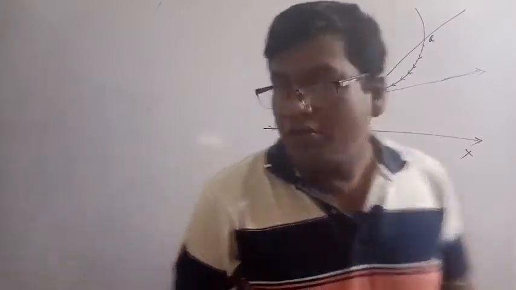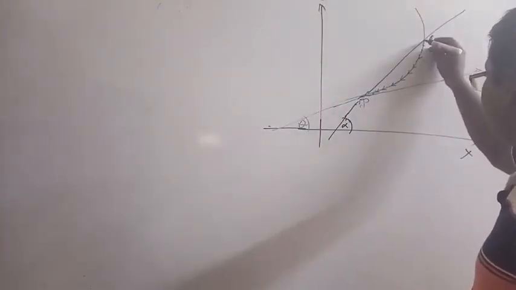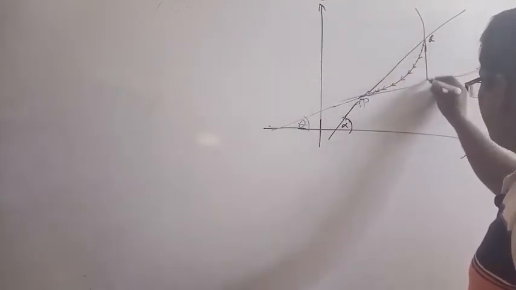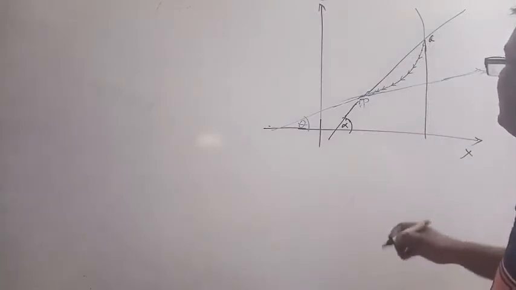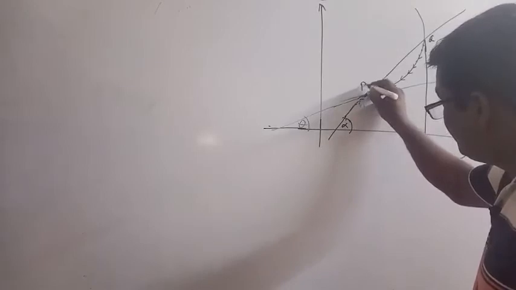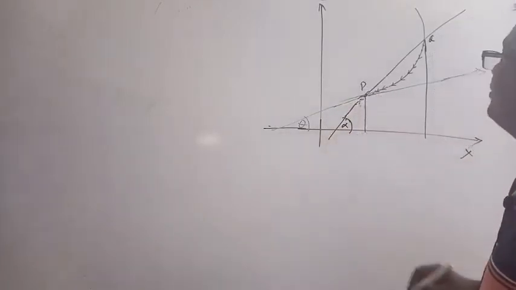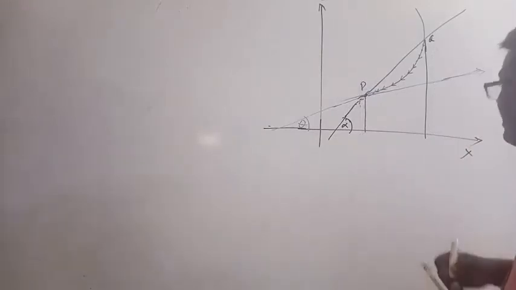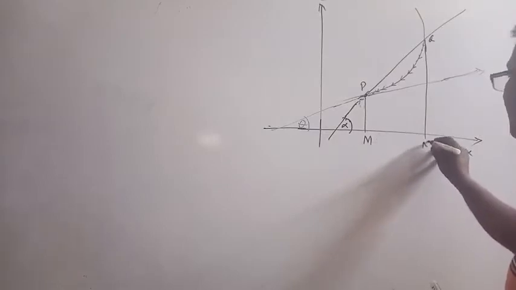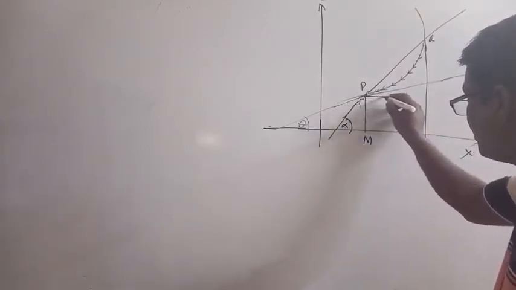Now draw a perpendicular from the point Q to the x-axis, and another perpendicular from the point P. Suppose this is M and this is N, and draw another perpendicular here.